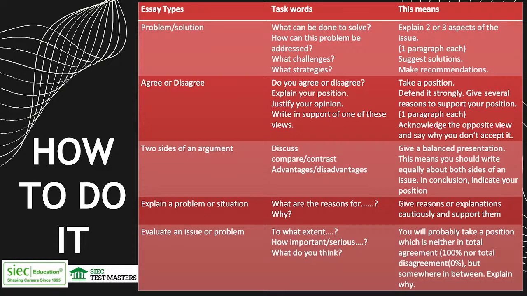I've written it, that means you take a position, something which you strongly opine about, and defend it strongly. What do I mean by defending it strongly? Let's say you say you should definitely be banning cigarettes in public places. You are giving me a strong opinion about it.